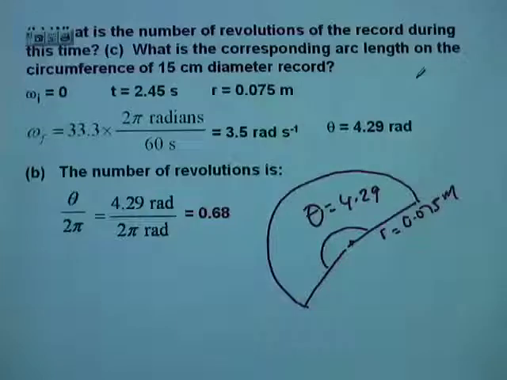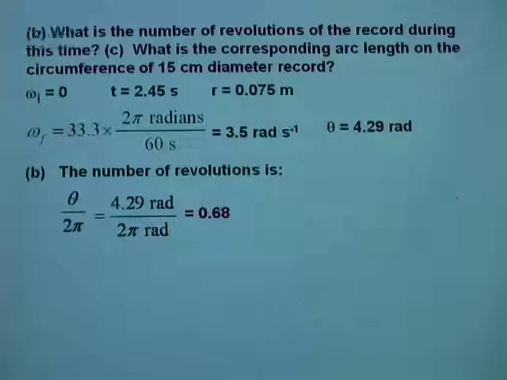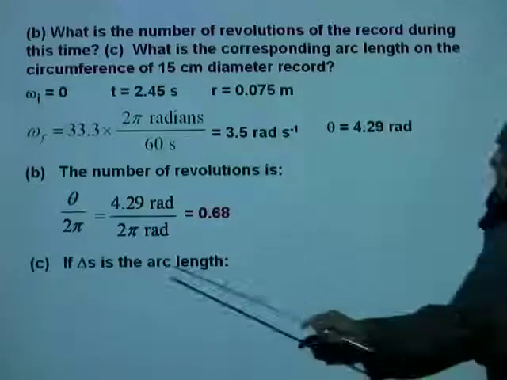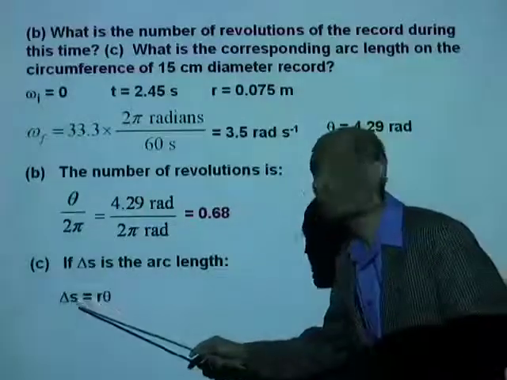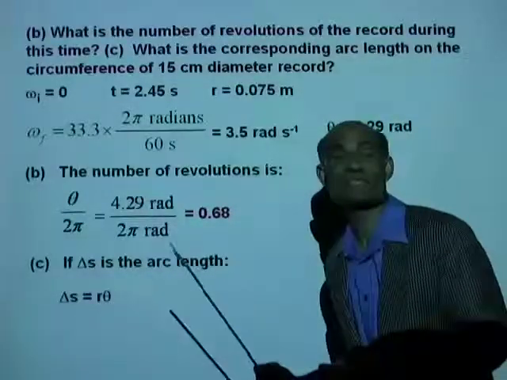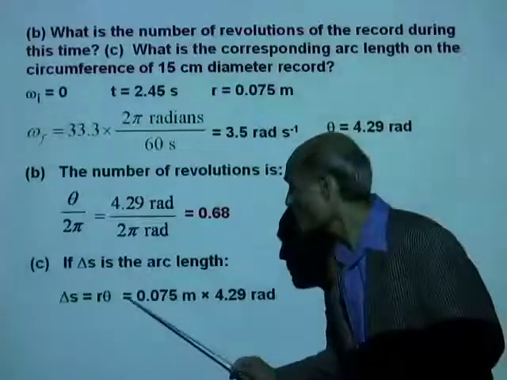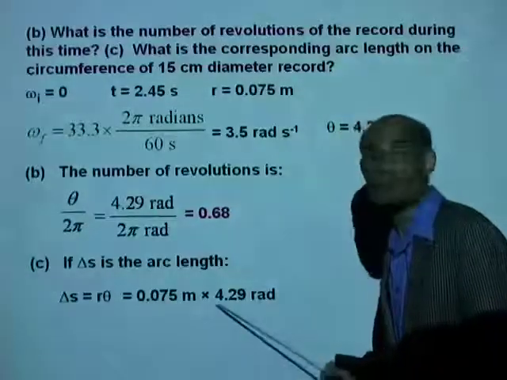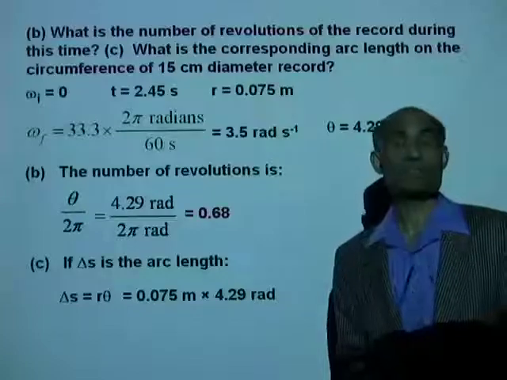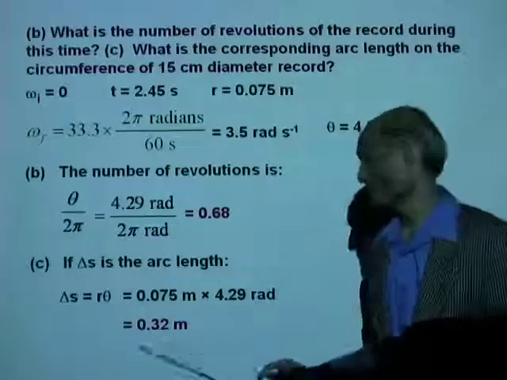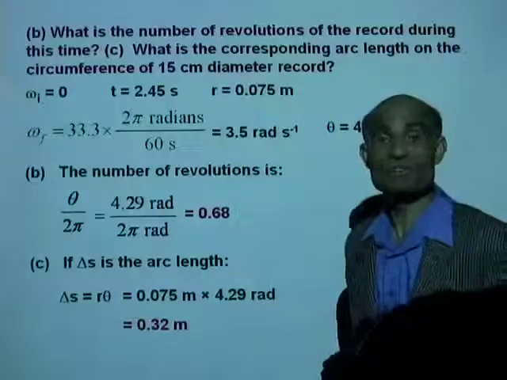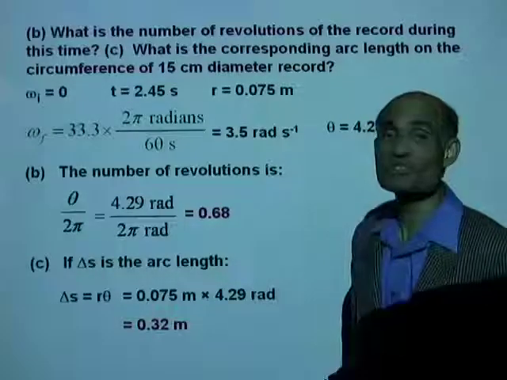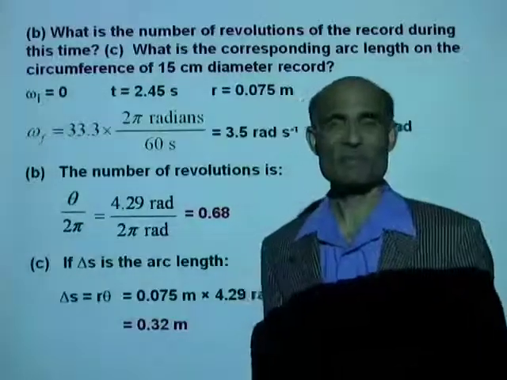So if delta s is the arc length, then delta s equals r times theta. R is 0.075 meter, theta is 4.29 radians. Therefore, the length of the arc for that revolution is 0.32 meter.